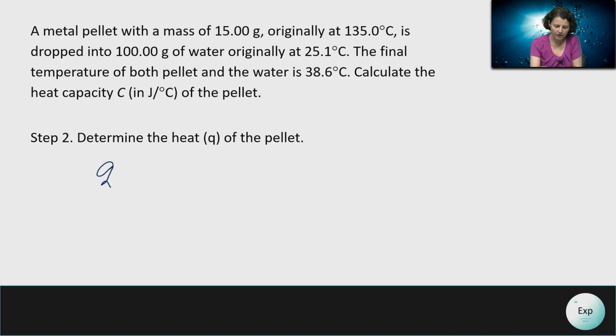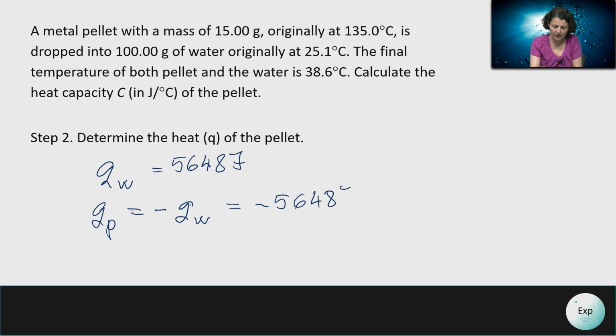So if our water absorbed 5,648 joules, then our metal pellet is going to have the same value, but with opposite sign. The heat of the pellet is going to be the heat of the water with a negative sign, so a minus 5,648 joules.